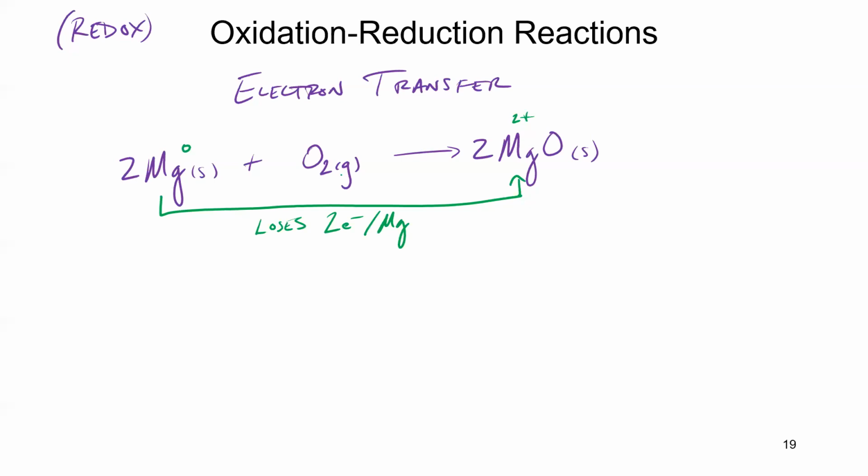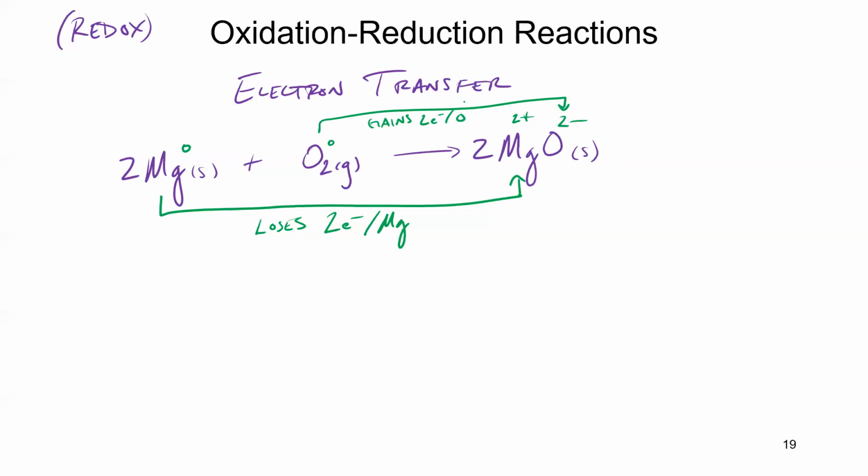Well, oxygen, when it's in its molecular form, doesn't have a charge. We don't write one there, so we can put a little 0 to show that it's neutral. The charge of oxygen in an ion, Rosie? 2-. And so from here to here, oxygen gains 2 electrons per oxygen atom.